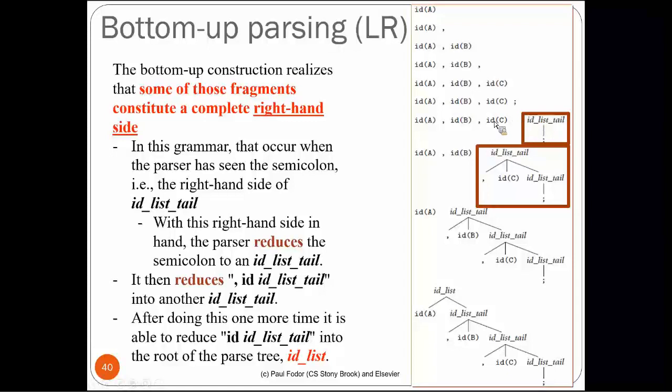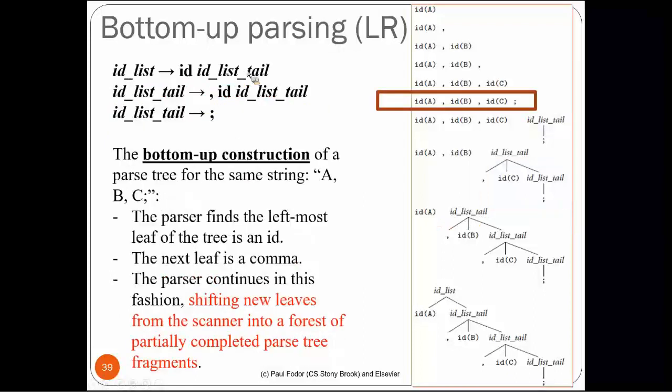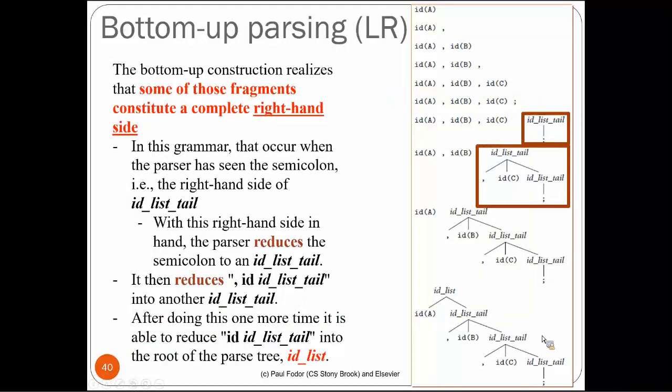So it replaces that comma ID C ID list tail with another ID list tail. And the process continues by reducing the next comma ID B ID list tail into an ID list tail. After doing this a couple of times, it finally can reduce the fact that in the grammar we have an ID followed by the ID list tail. It recognizes that and it builds the final parse tree.